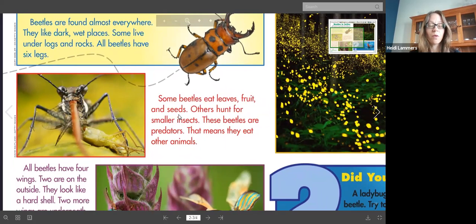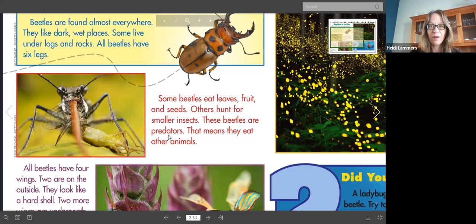Say herbivore. Herbivore. That means that they just eat plants. So leaves, fruit comes from plants, and seeds come from plants. But the hunting beetles that eat smaller insects, they are predators. And they are, I've got to remember the word, not herbivore, not omnivore, carnivore.